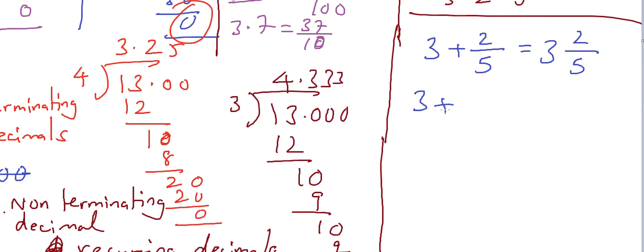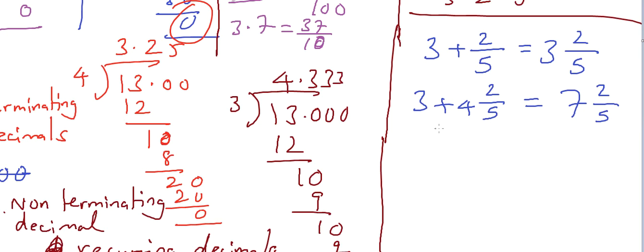Or 3 plus 4 2 by 5 can be written as 3 plus 4, because the whole number part is 4. So 3 plus 4 is 7, so 7 2 by 5. So no need to find the LCM or convert to an improper fraction and add.